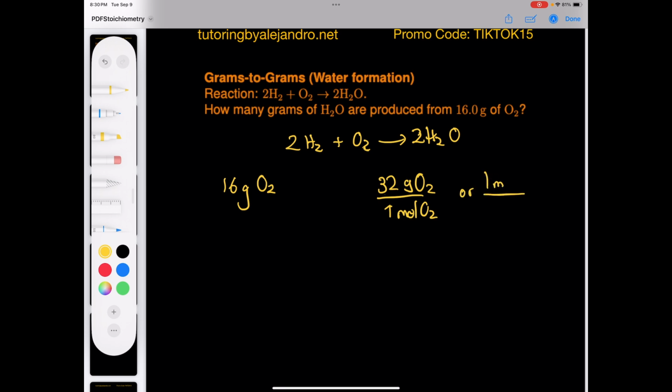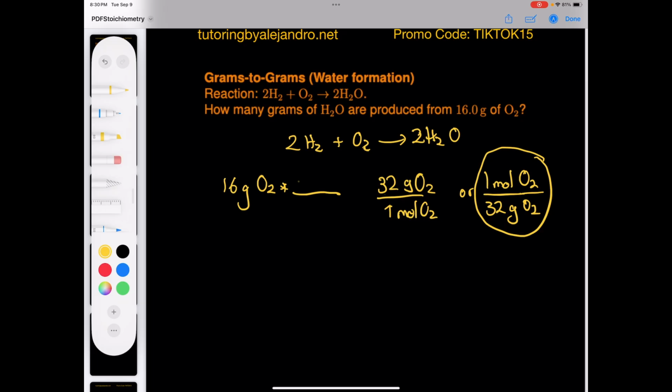We have 1 mole of O2 has 32 grams of O2, okay? And again, which unit factor we use depends on what units we need in the end, okay? Since we're starting out with grams and we want moles, we need to cancel out the grams. So we want the unit factor that has grams in the denominator, so they'll cancel out. So that means we want this guy right here.